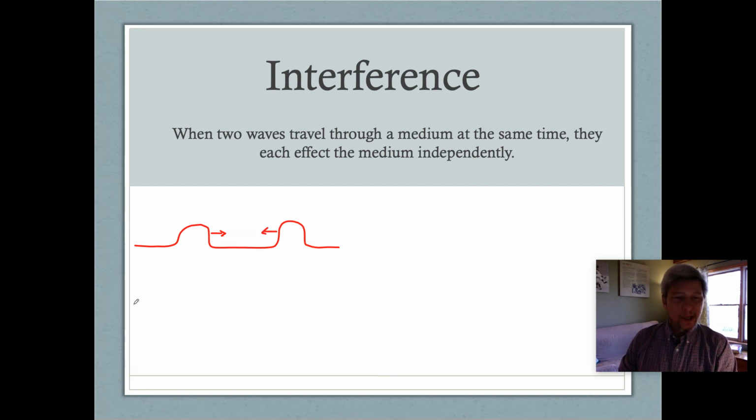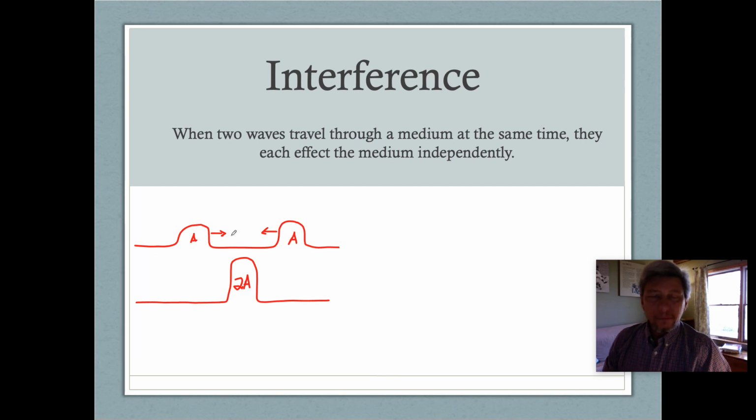When they come together at this midpoint, if this one has an amplitude of A and this one has an amplitude of A, can you guess what the amplitude of the resulting wave is going to be? Yeah, 2A. This wave is going to be twice as high as either of these two, assuming their amplitudes are the same.